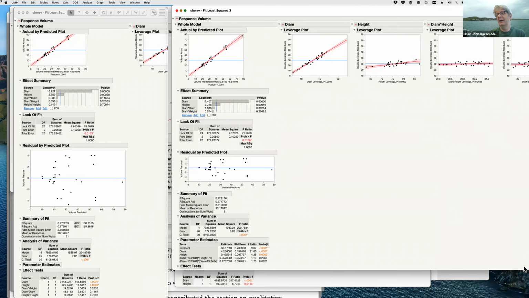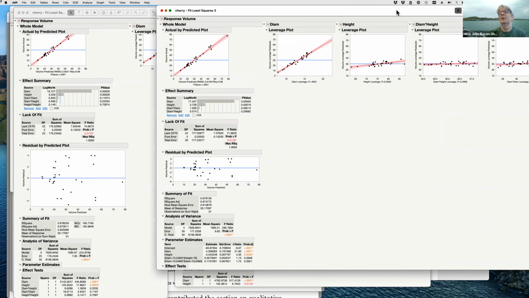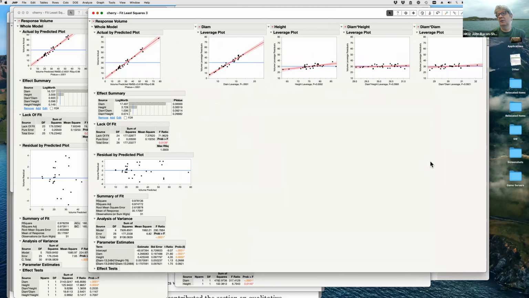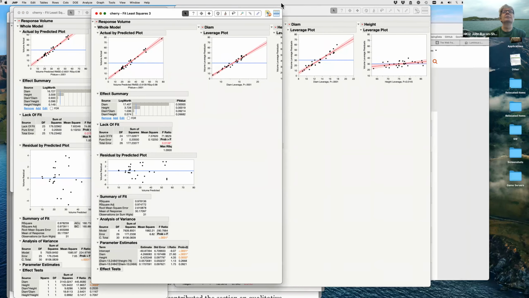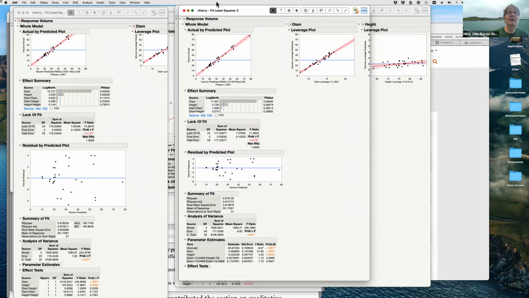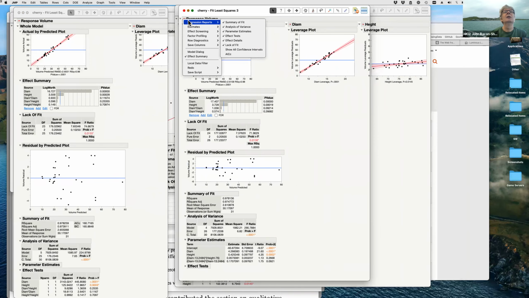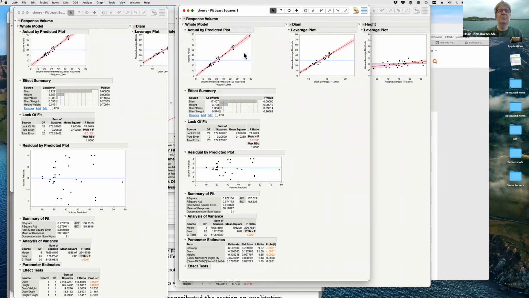So now if we compare this model, let me just decrease the size of this window a bit. If we now compare this one, and let's again show the AIC and BIC. This one, the AIC and BIC are better, only marginally, but they are slightly better.